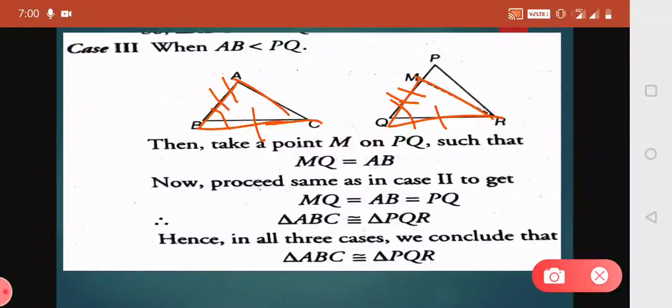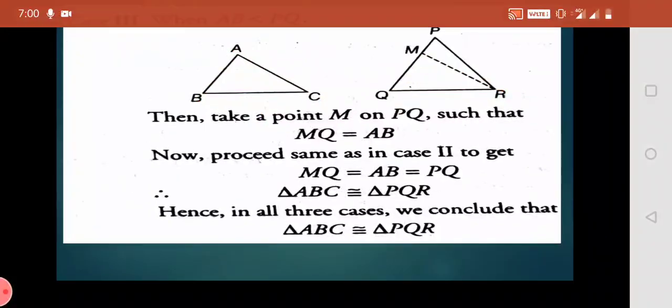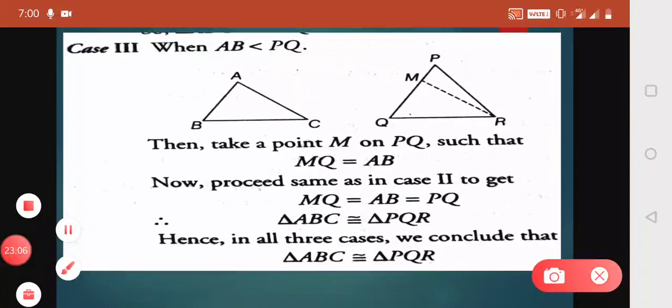Now, as both are congruent, angle ACB will be equal to angle MRQ, this small angle.